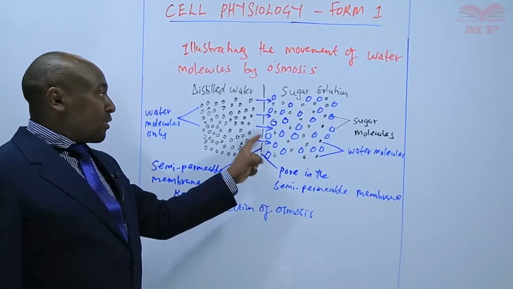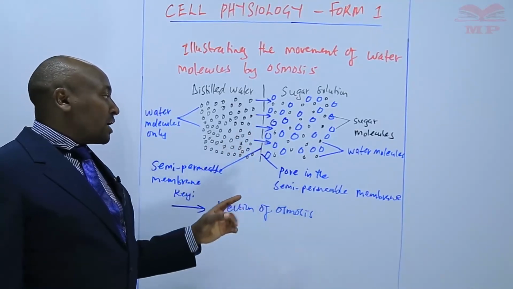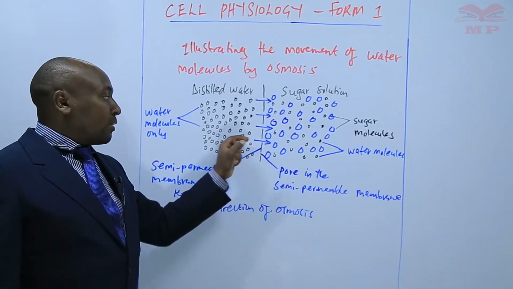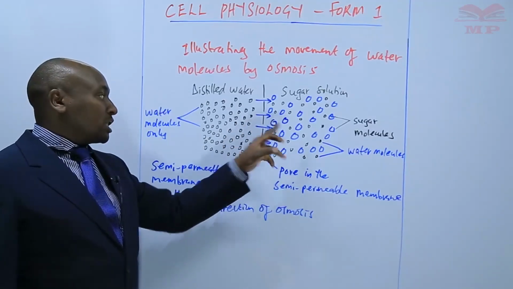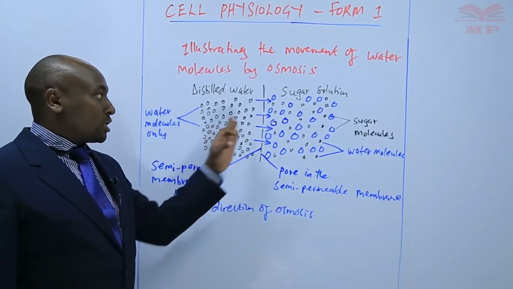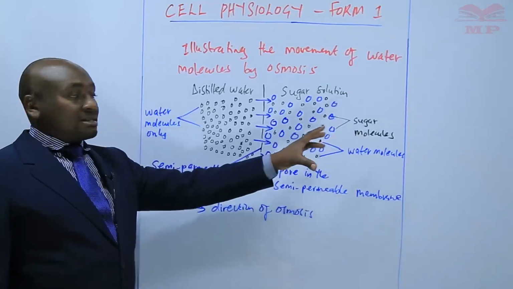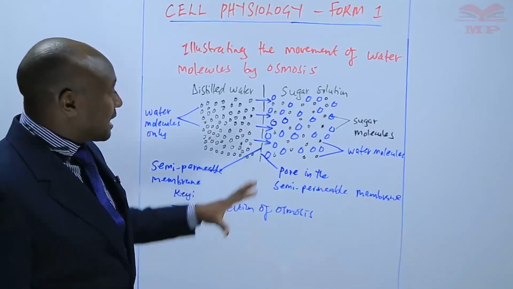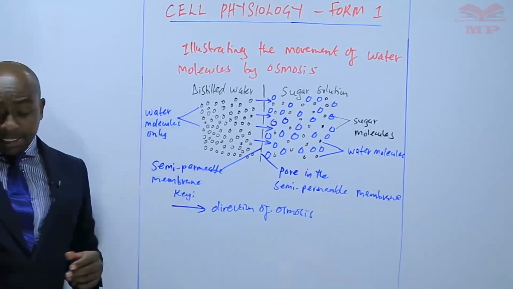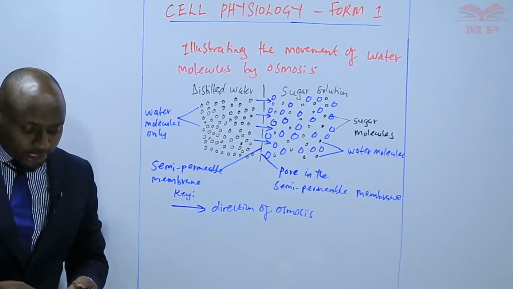And the semi-permeable membrane has some pores through which only the water molecules can pass, not the sugar molecules, because of their size. The sugar molecules are of large size compared to the water molecules.